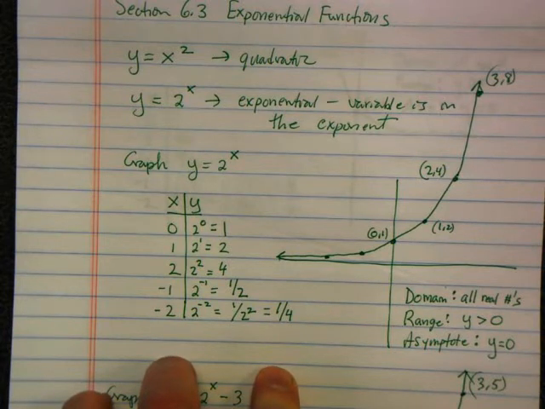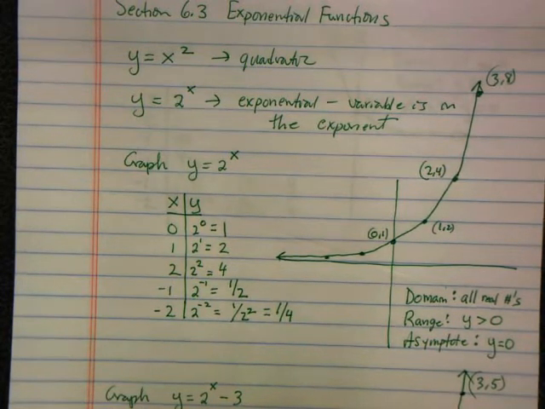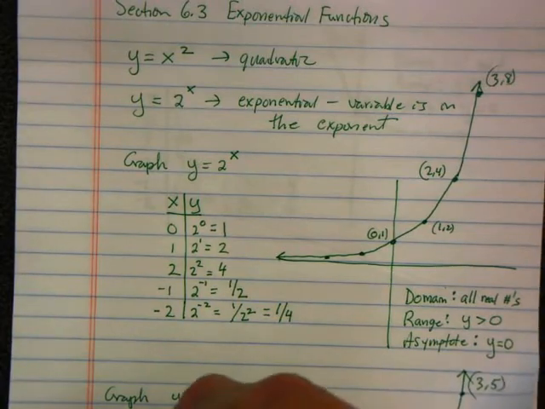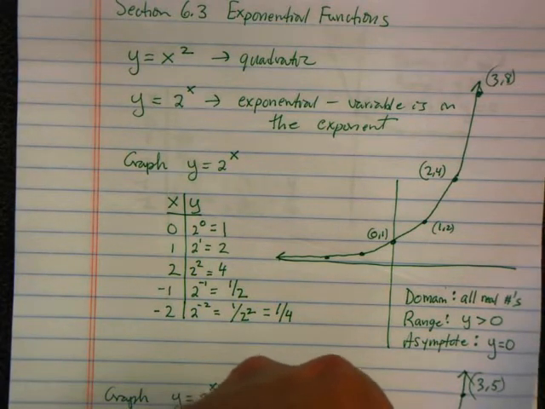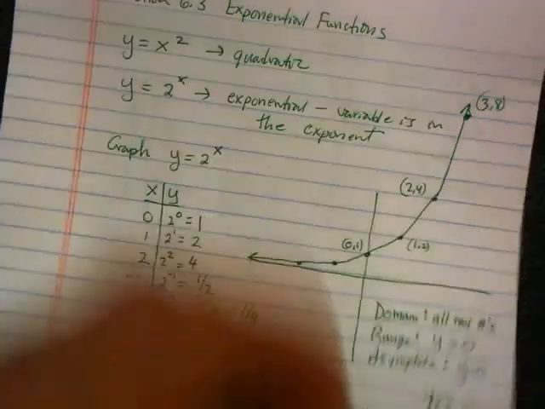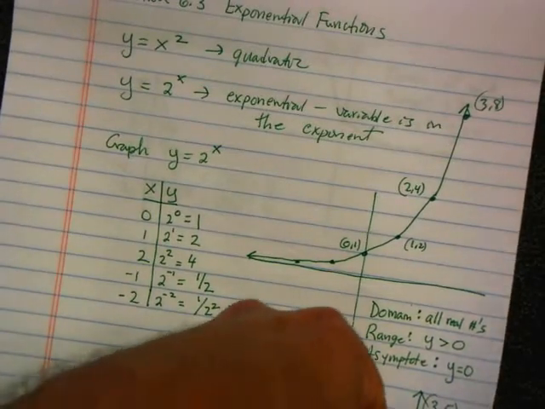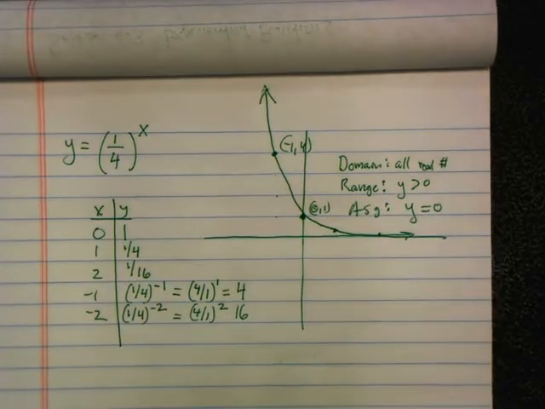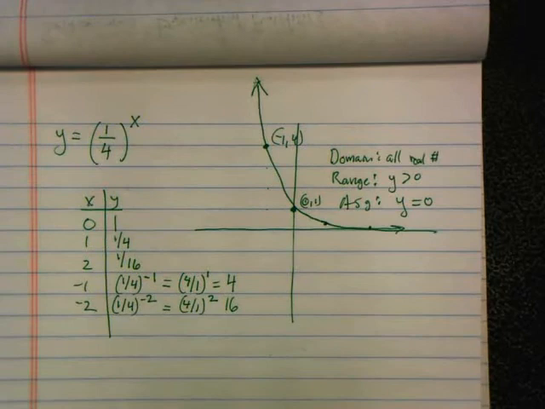How about exponential decay? Anybody know where you have exponential decay? The graph's going down like this one. I'm going to say inversely resources. No, I don't think so. I think at this point our resources continue to climb.